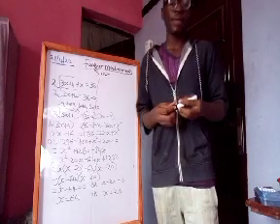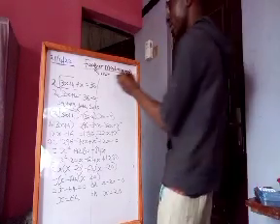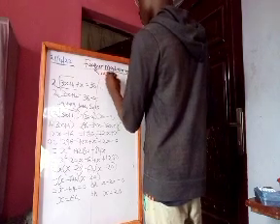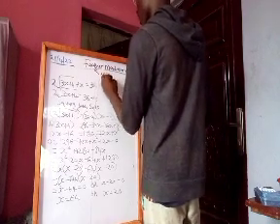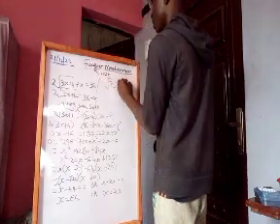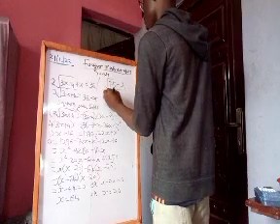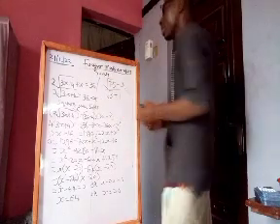So it's root 75 minus 3 divided by root 3 plus 1. So we are going to simplify it.